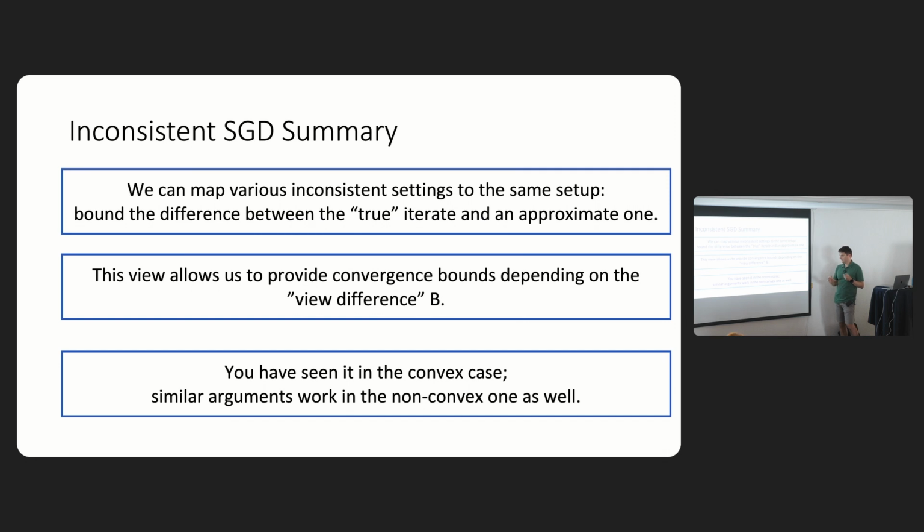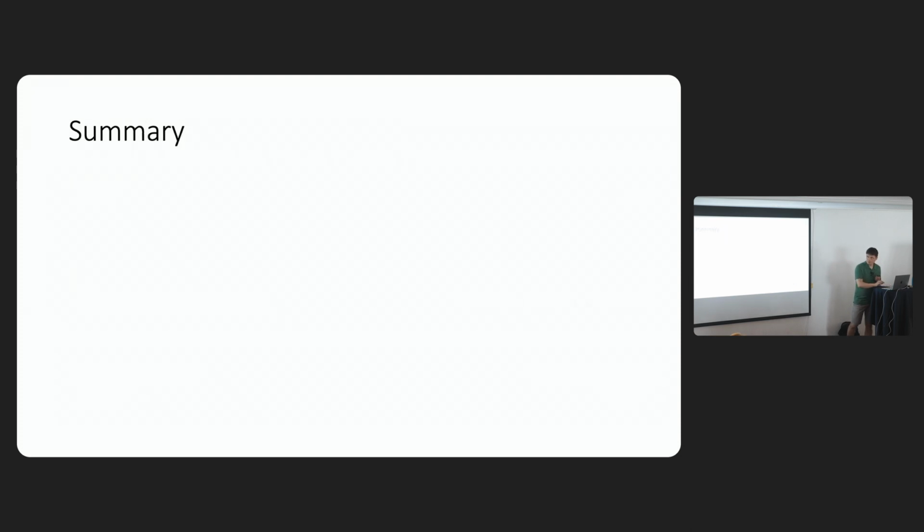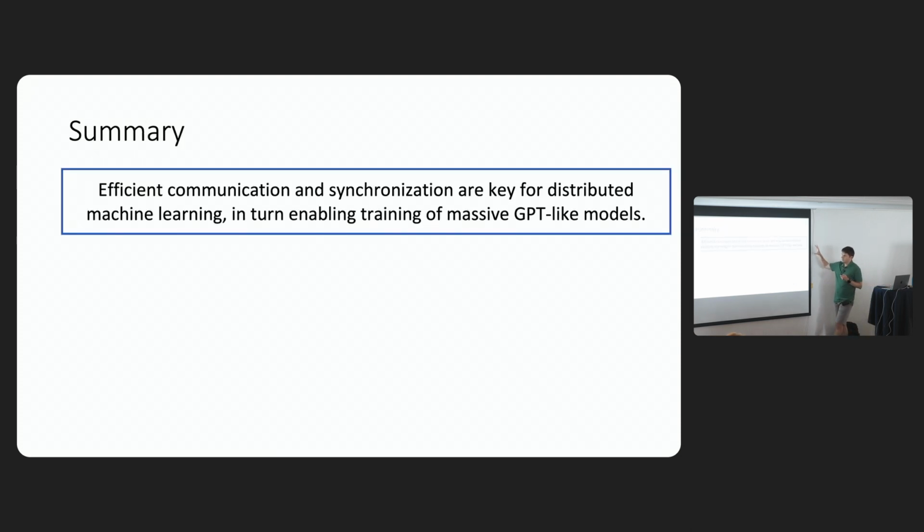Again, you've seen this in the convex case. There's a lot of theory on how to do this in the non-convex case and so on. If you're interested in this kind of stuff, I'm very happy to talk about it. Generally, these topics are critical for distributed machine learning.